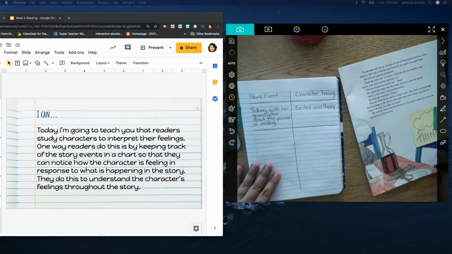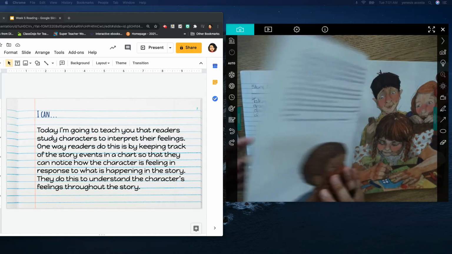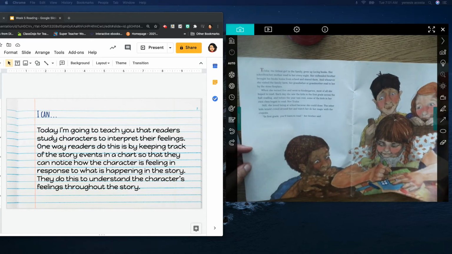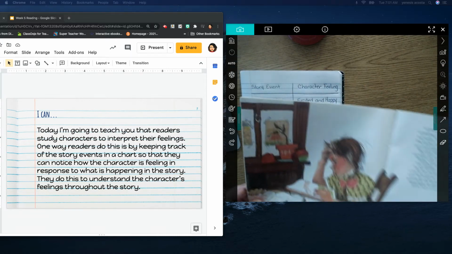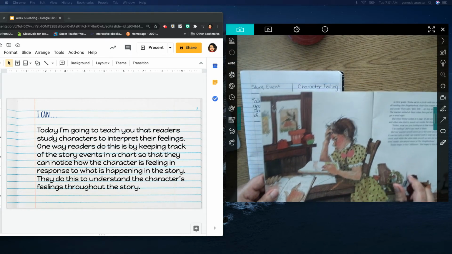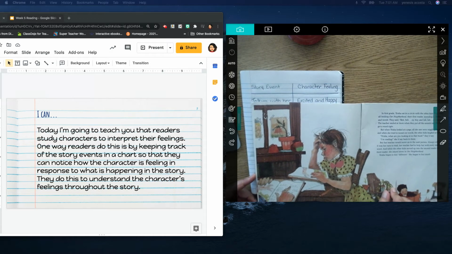Let's look at another event. Oh, I remember this event. She had a different feeling here, because I remember that Trisha was trying to read, but the letters were squiggly and they were hard.